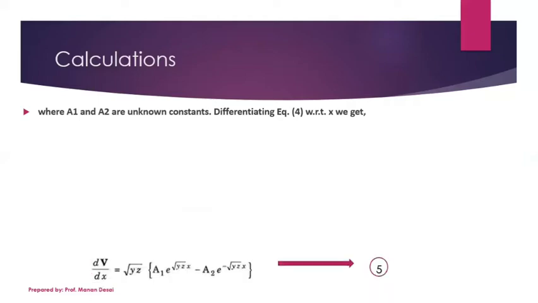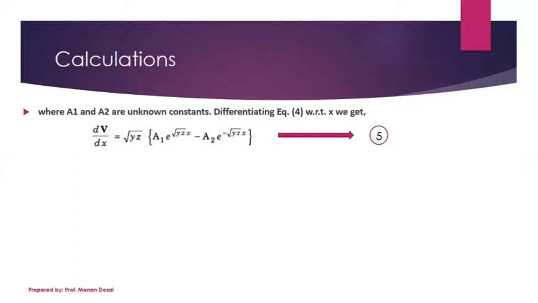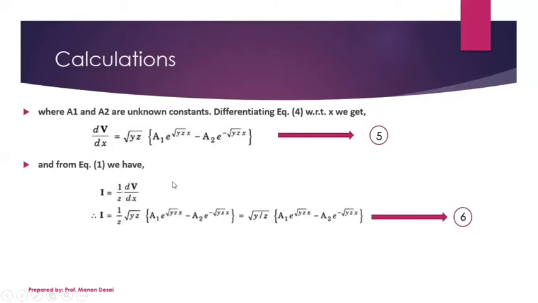We can differentiate it with reference to x, and now the voltage V is differentiated, and equation 5 is dV by dx is equal to under root YZ times A1 e to the power under root YZ x minus A2 e to the power minus under root YZ x. From equation 1, we have I is equal to 1 upon Z dV by dx. So ultimately I is shown in equation 6.